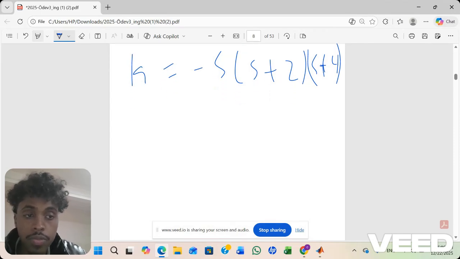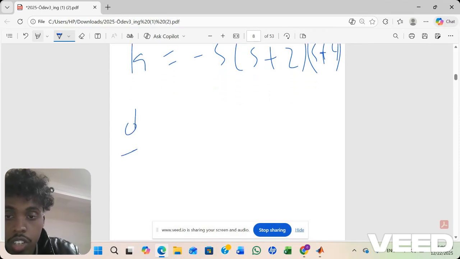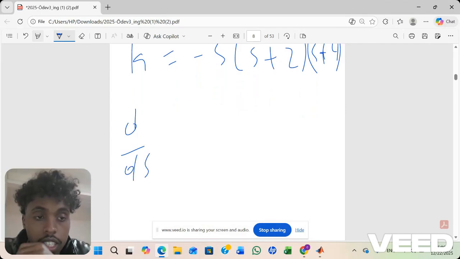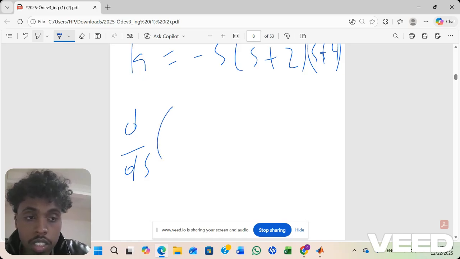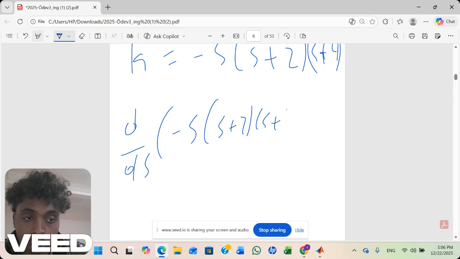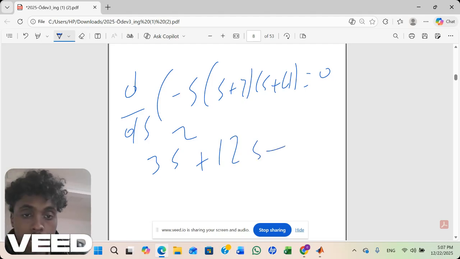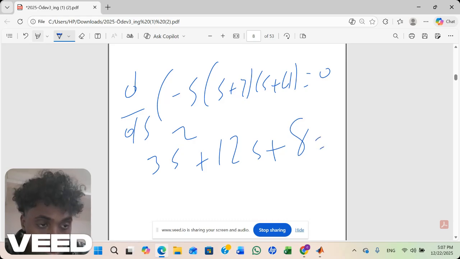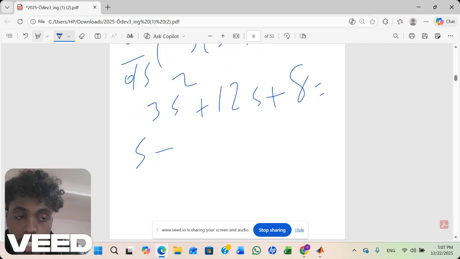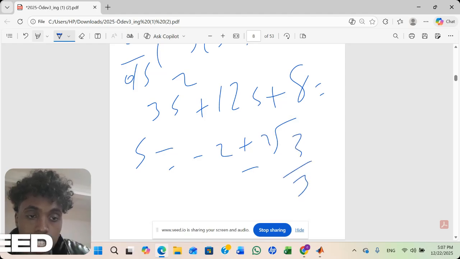We use d over ds of that equal to 0. This gives 3s squared plus 12s plus 8 equals 0, so s equals minus 2 plus or minus 2 radical 3 over 3.